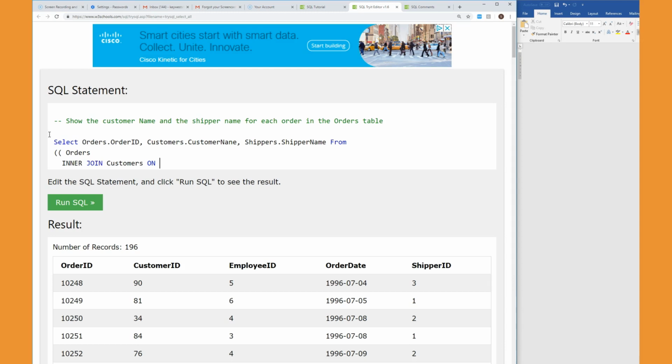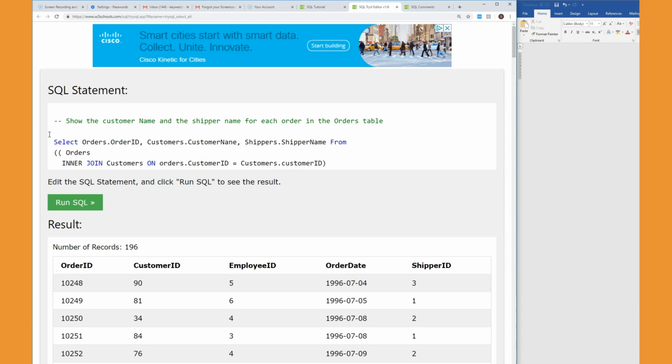Orders has the customer ID, which should be linked to the customer table, and that is through customer ID.